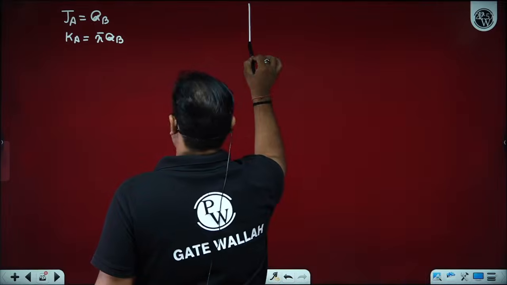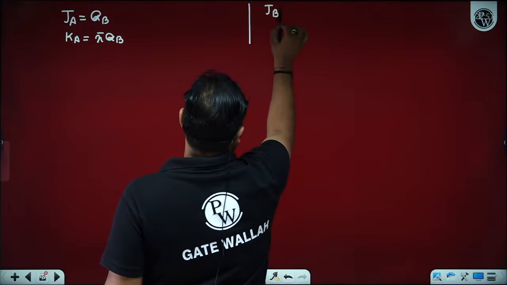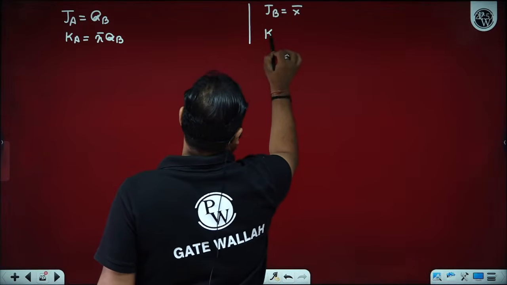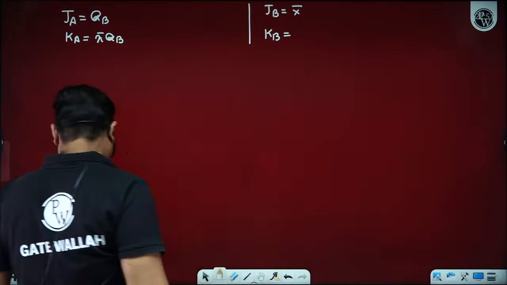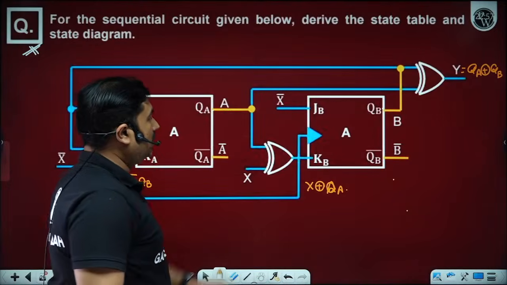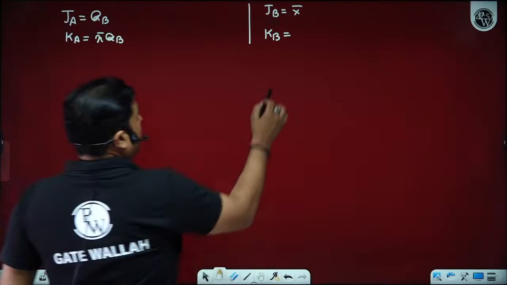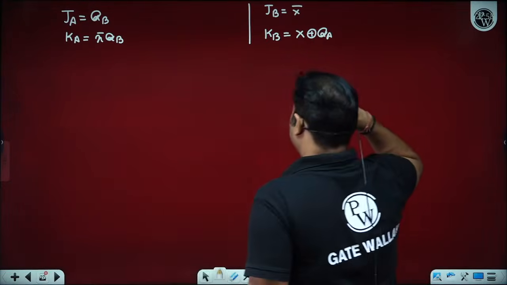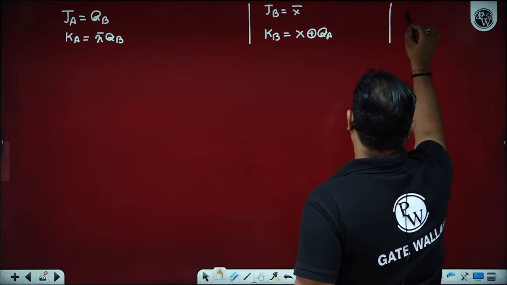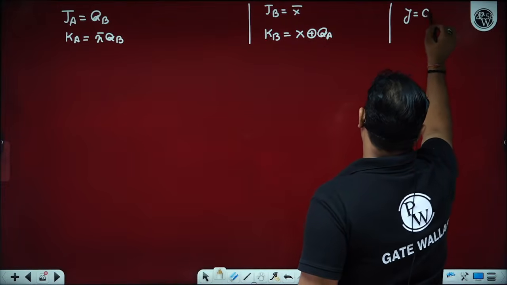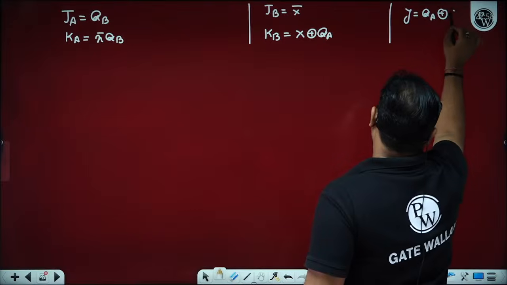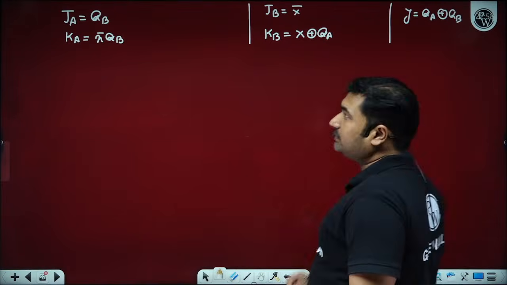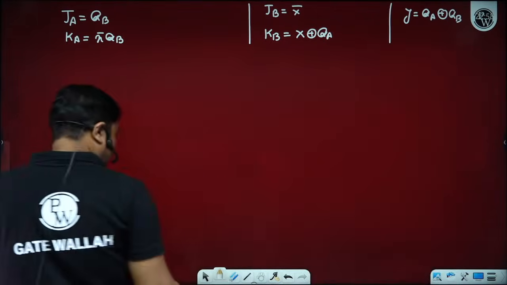Next we have JB as X bar, and KB as X XOR QA. Is it okay? Yes, sir. And we also know about the output. Output Y is QA XOR QB. So before applying clock pulse, first find the input to the flip-flop.